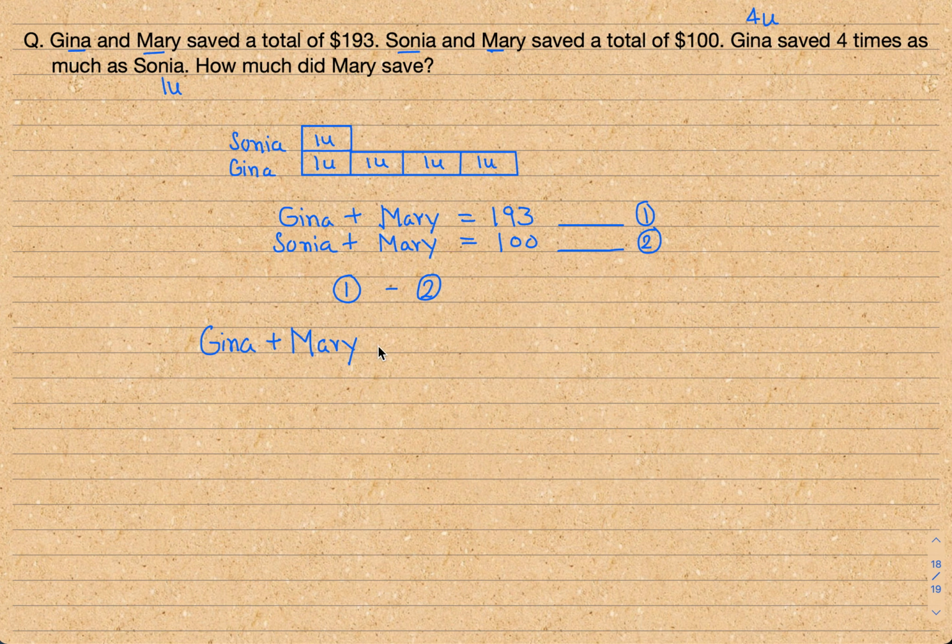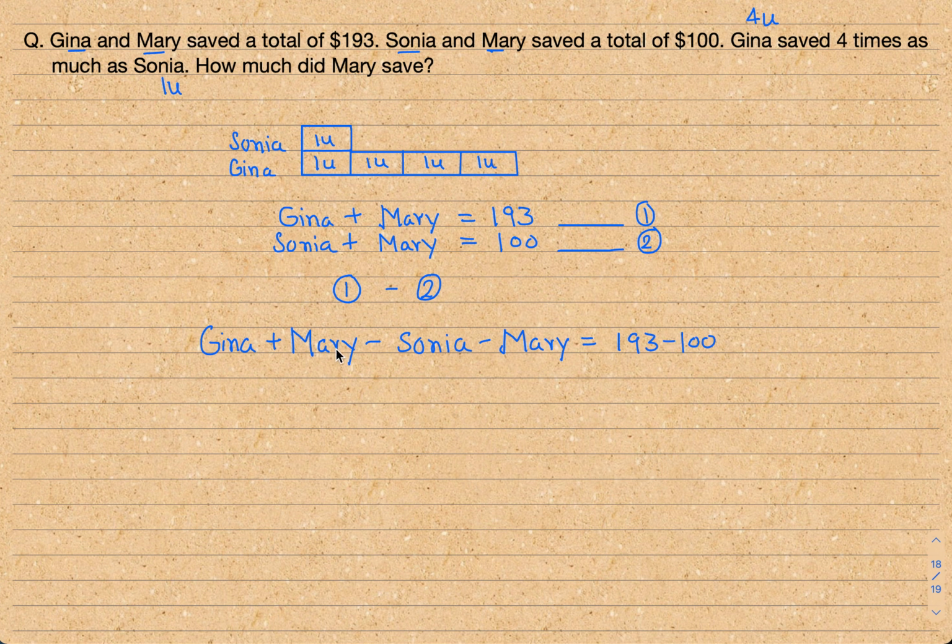So in terms of equation, it will look something like this. Gina plus Mary, from this we are subtracting whatever money is with Mary and Sonia. And on the right hand side we'll get 193 minus 100.